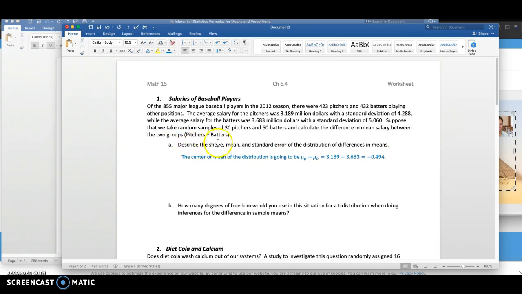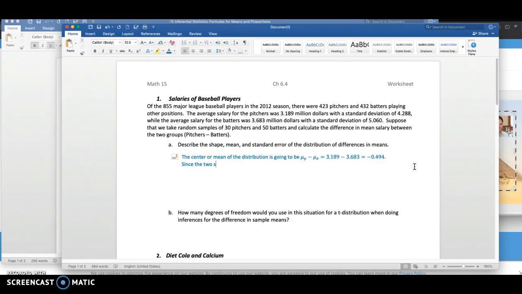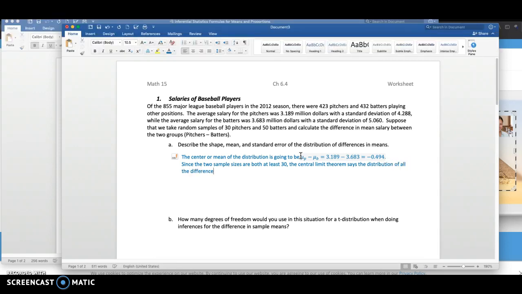All right, we also want to know about the shape and standard error. Since the two sample sizes are both at least 30, we have 30 pitchers, 50 batters, the central limit theorem says the distribution of all the difference in means will be approximately bell-shaped and symmetric.